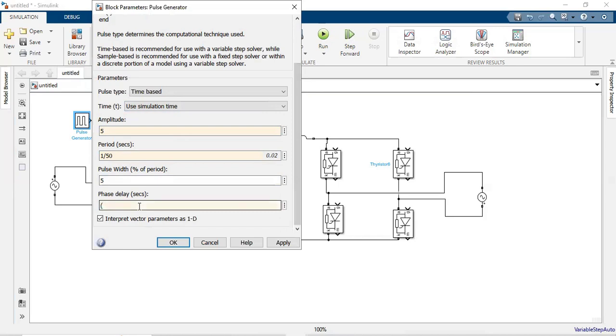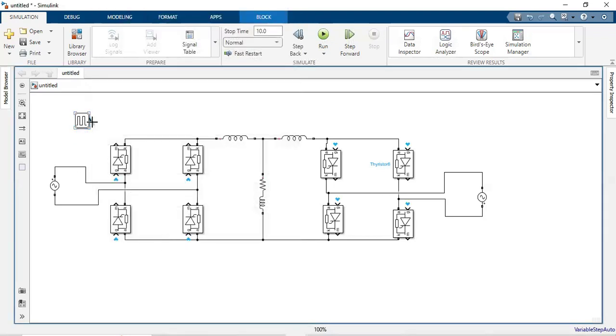So 60 divided by 360 into the time period, which is 0.02. And the same pulse generator should be connected to the diagonal elements of the first converter.